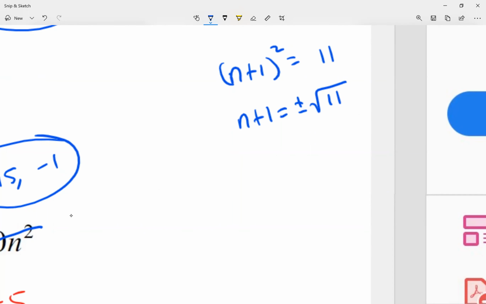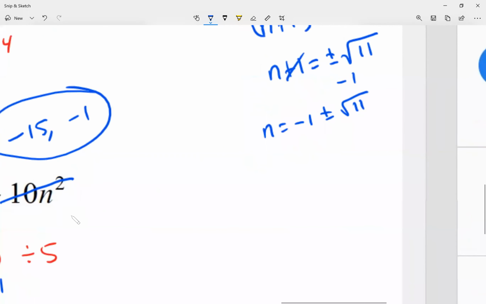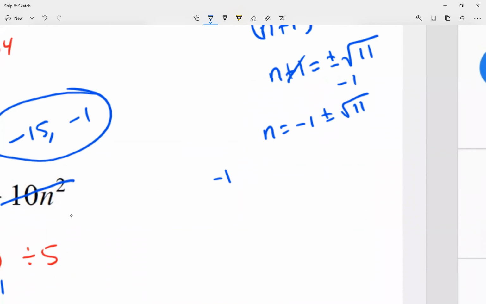Cannot simplify that, right? Square root of 11 is not a whole number. Let me move the plus 1 as a minus 1. So I get that n is a negative 1 plus or minus square root of 11. Like I said, you guys will run into some of those. All right, so my first answer, negative 1 minus the square root of 11.